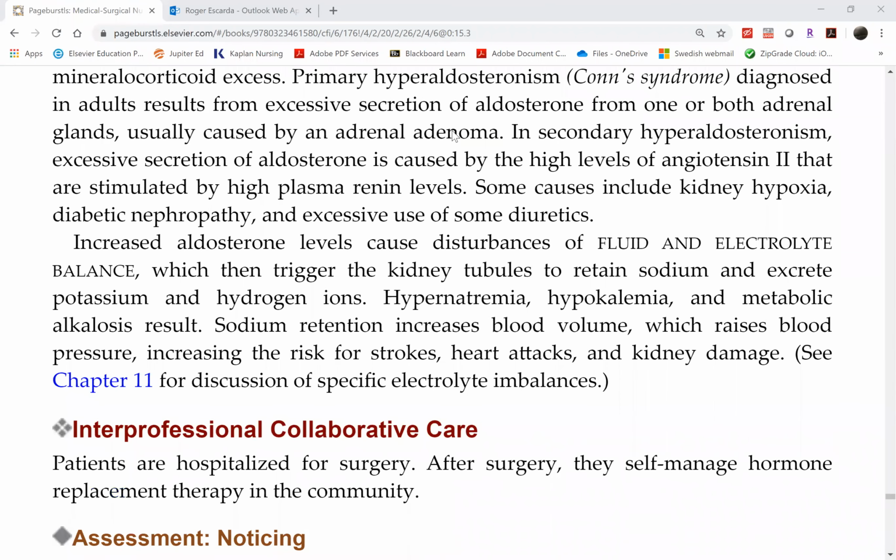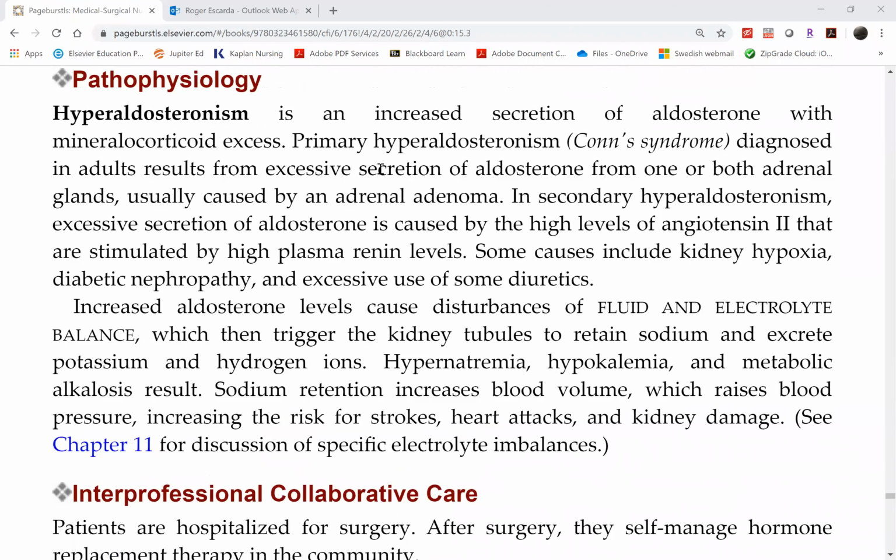So his main problem is hypertension. This patient literally had the symptoms of severe hypertension, which are the headache, the dizziness, the blurred vision, the nuchal pain, the sweating, the nausea. A textbook patient. So the problem here is the patient has primary aldosteronism, which is an adrenal problem, again an adenoma on the adrenal gland.